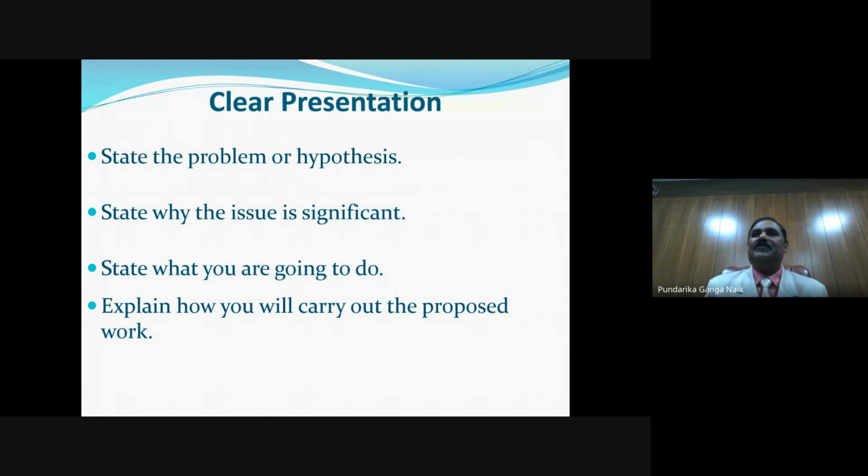Otherwise, the experts will catch on and they may form a different kind of opinion of you. So that's very important. State why this issue is significant, why you are motivated to conduct research in this field, what the burning issues with this topic are, how well you are going to address the problem, and what your hypothesis or outcome of the research is, and present it clearly.